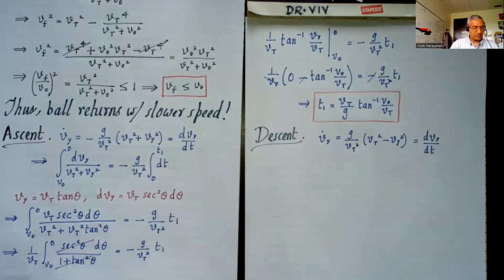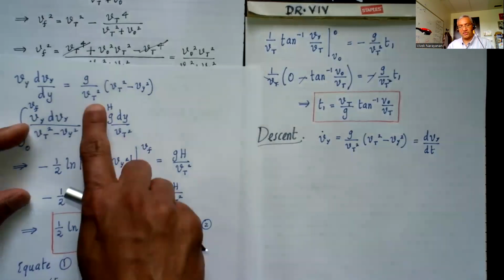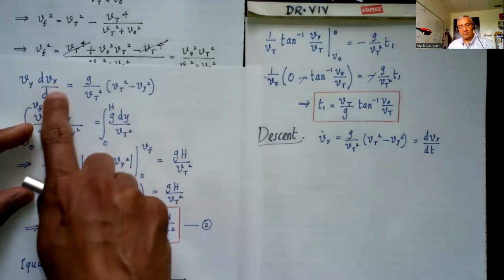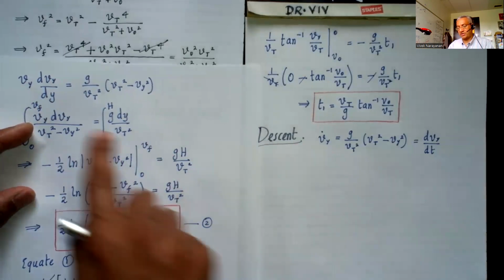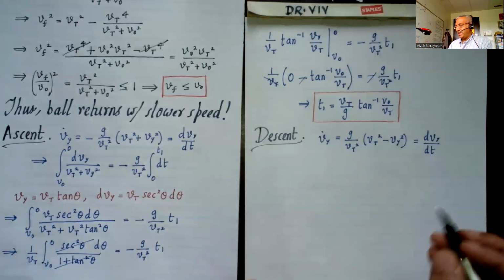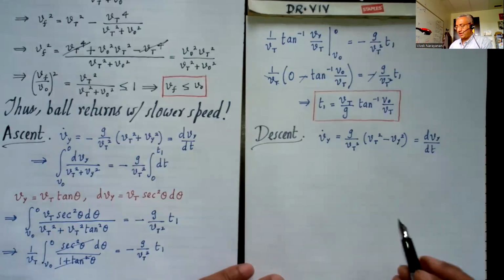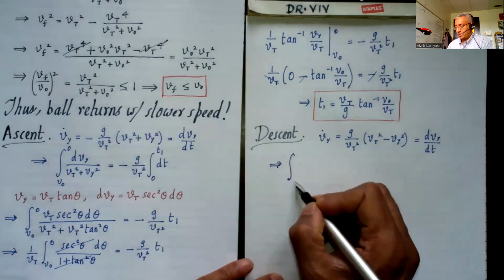Maybe I should show you where I had that. It's right here, except I'm not messing with the left-hand side. The left-hand side is written as just Vy dot. The right-hand side is that. Okay, so that's that. And now we have to integrate this, again, by separating the variables.